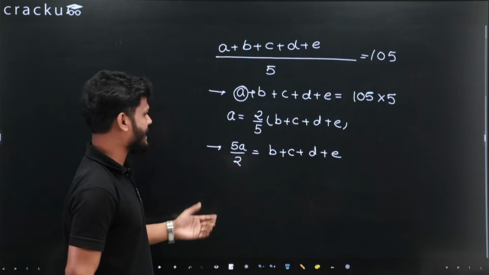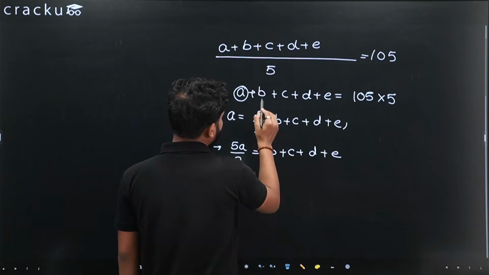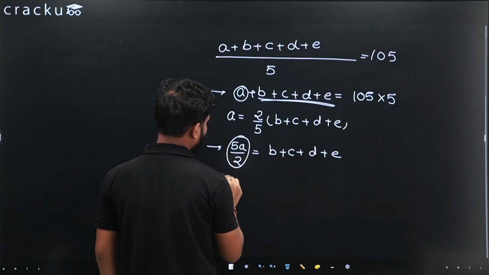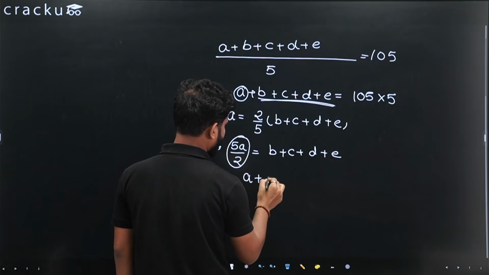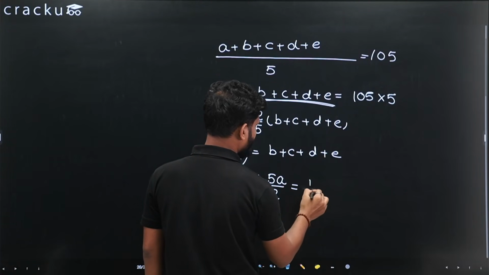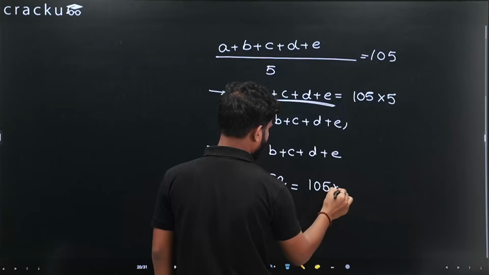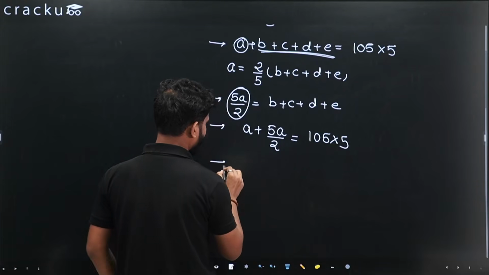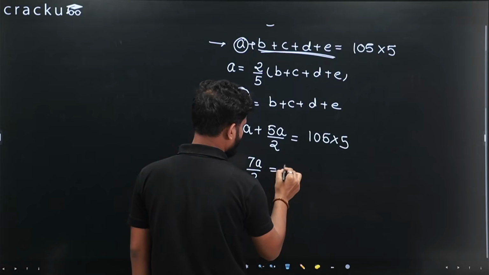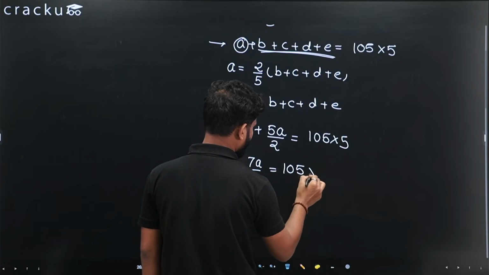Yes, I can write that. Now instead of B plus C plus D plus E, I will put 5A by 2. From here, I get A plus 5A by 2 is equal to 105 into 5. From here, I get 7A by 2 is equal to 105 into 5.